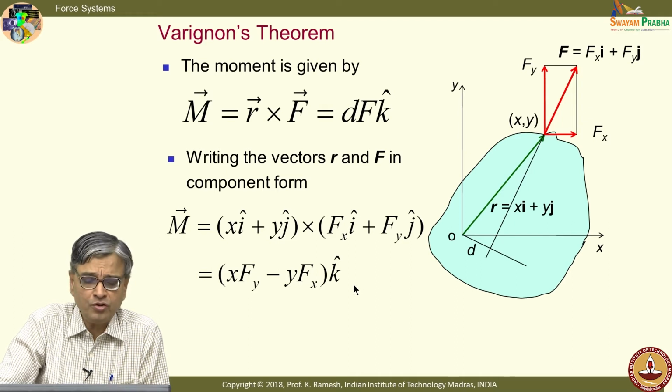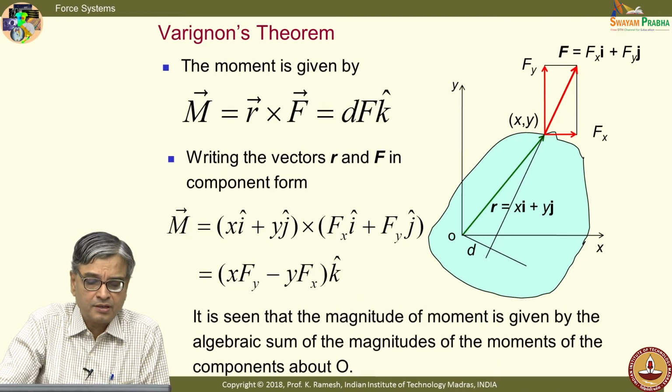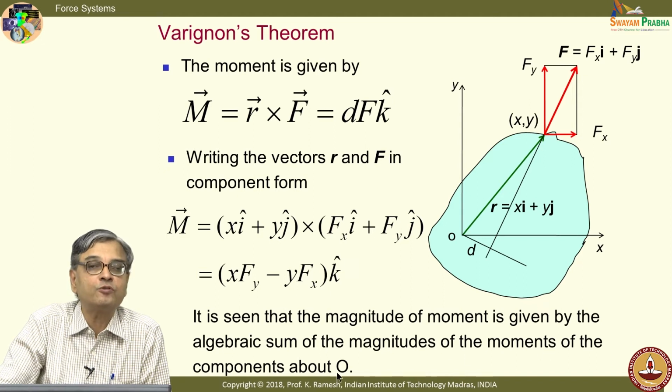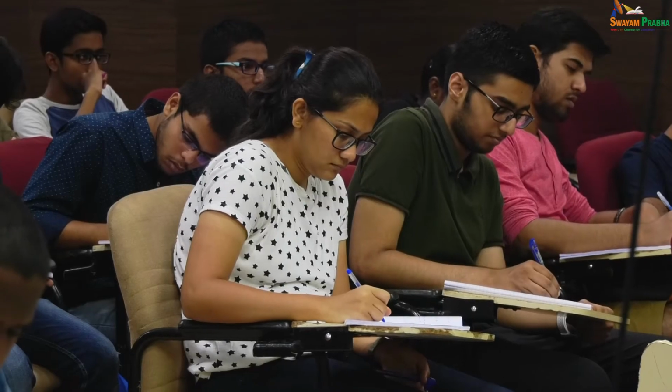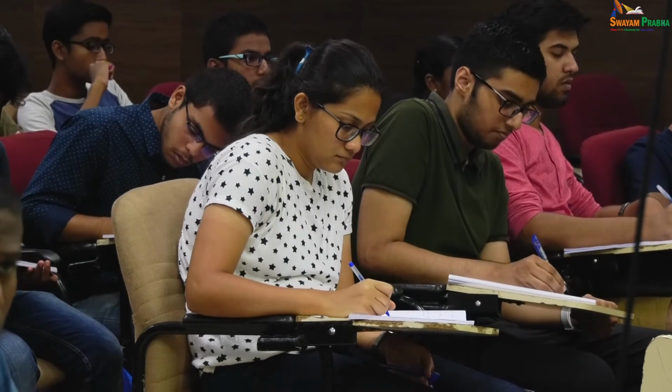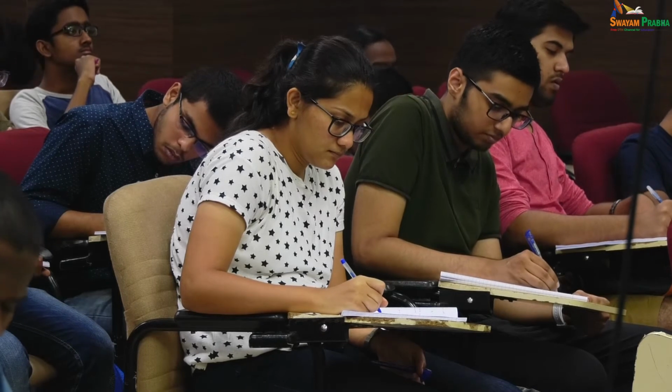So, what does this show? Magnitude of moment is given by the algebraic sum of the magnitudes of the moments of the components about the point. A very powerful theorem. So, I can find the moment by using the components. In many situations, it may be easier to do the calculation that way.